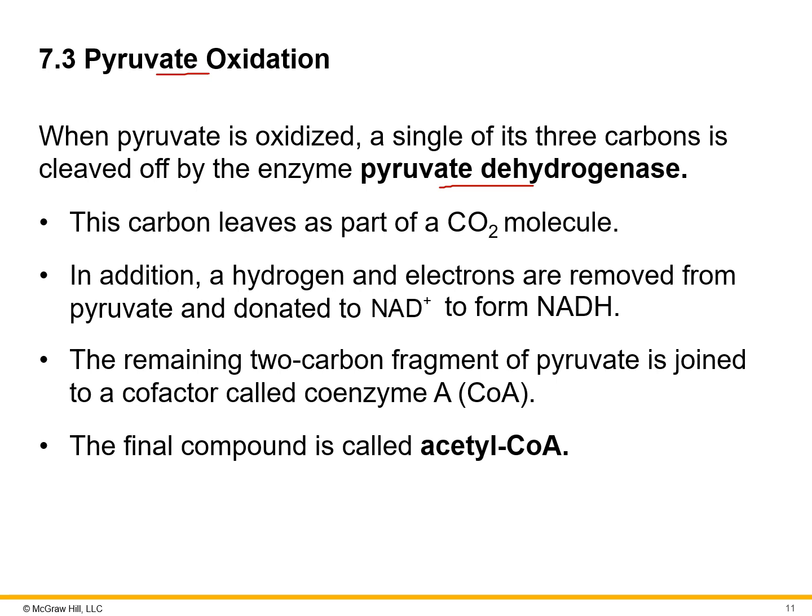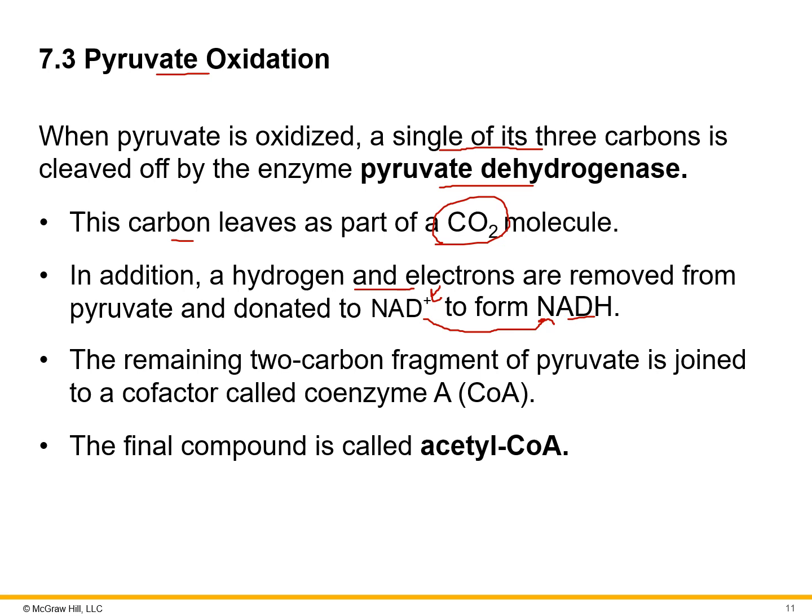But essentially what happens is one of those 3 carbons comes off. So as the carbon leaves, it produces a carbon dioxide molecule. In addition, again, there's oxidation. So hydrogens and electrons are released from that. Again, the electrons have to go somewhere. So the electron from pyruvate is given to NAD. And then once it's reduced, once it picks up the electrons, it's now NADH.